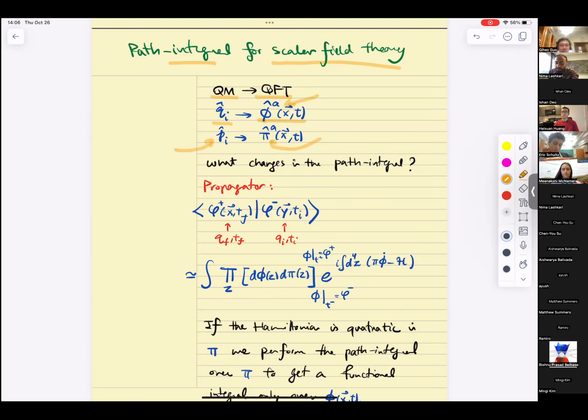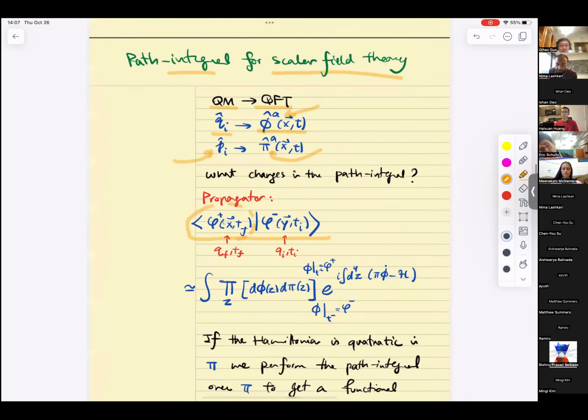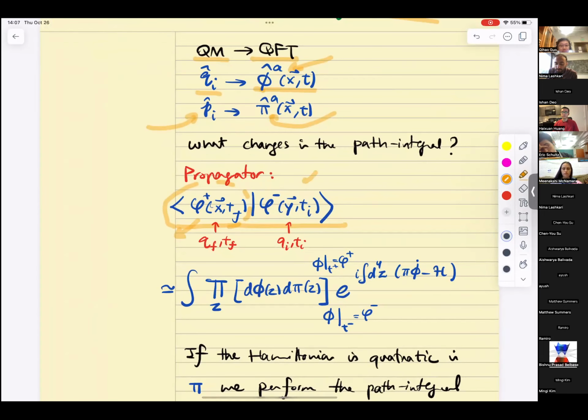All right, so what changes in the path integral? In quantum mechanics, the propagator was ⟨q_f, t_f | q_i, t_i⟩. Here, you have a propagator in between two functions, right? This function is at some later time. This function is at some earlier time.